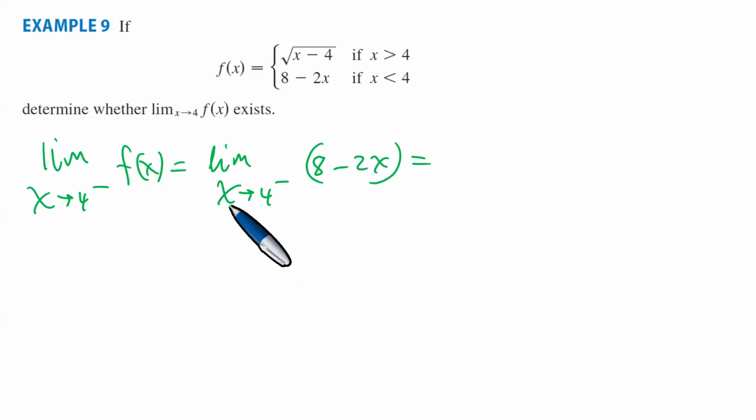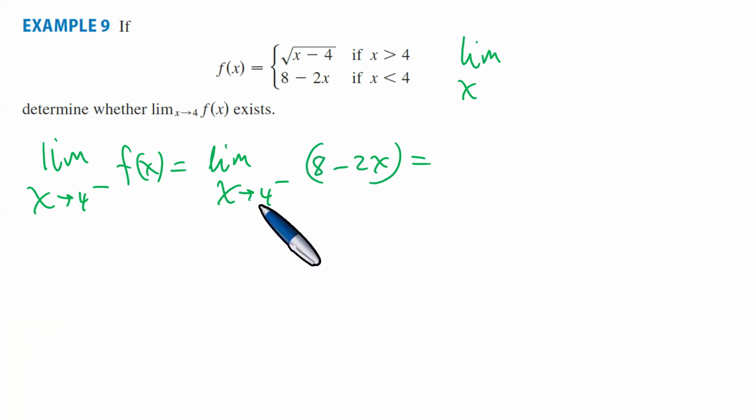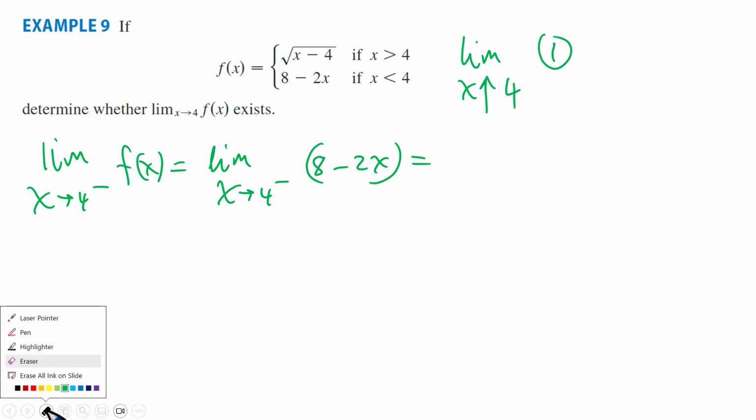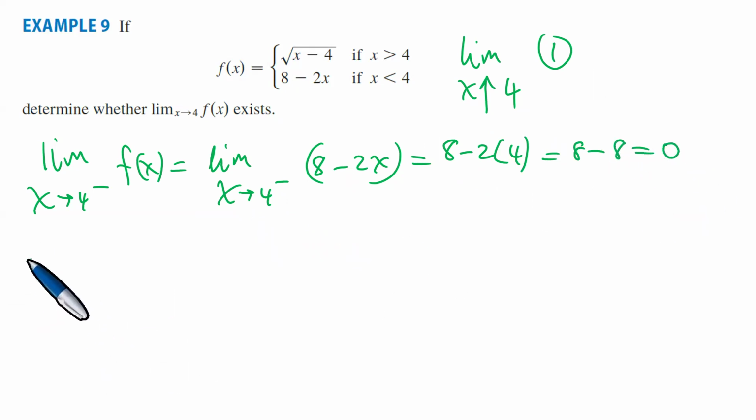There are two notations: do you use this notation at your school, or the other notation, x approaches 4 from the bottom or from the top? Use the first one, with the minus on top. That's fine, Atlehang. 8 minus 2 by 4 is 8 minus 8, which is 0. Then we're going to do the other one, x approaches 4 from the right of the function f of x.